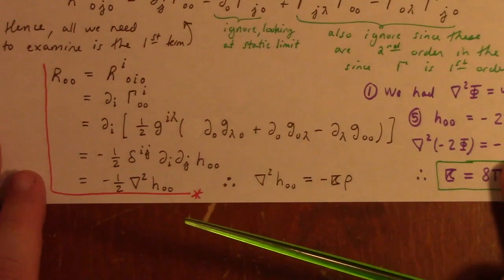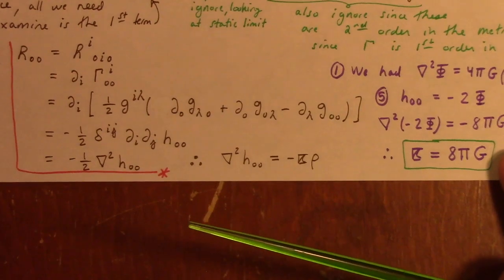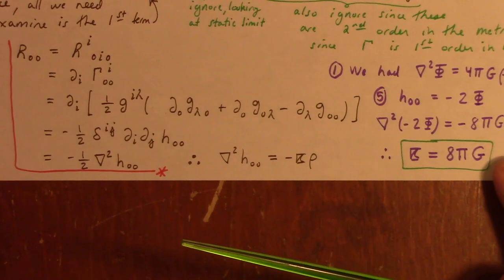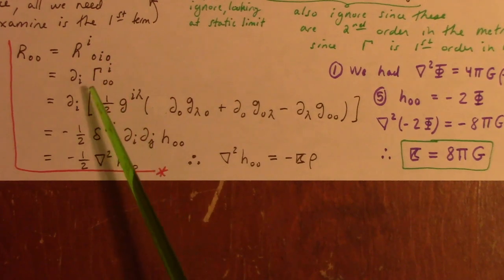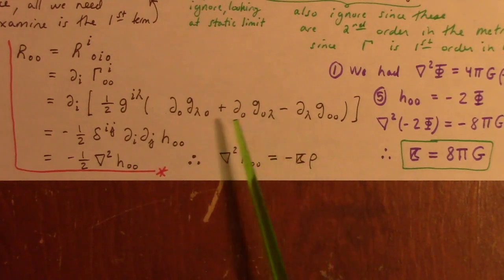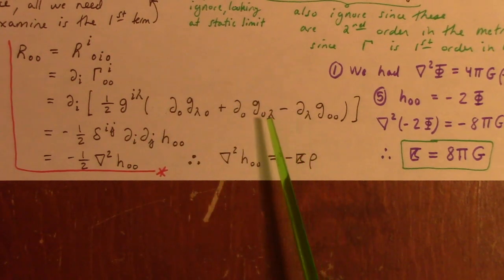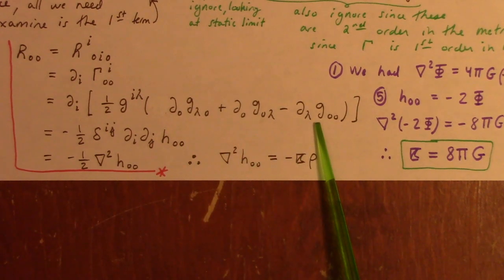And so what happens is down here, R00 is contract across i, which is really just keeping that first term. But then remember that this expands in terms of derivatives of the metric, contracted against the inverse metric like so. Again, static limit, so that's 0, that's 0. This is the only thing that matters.